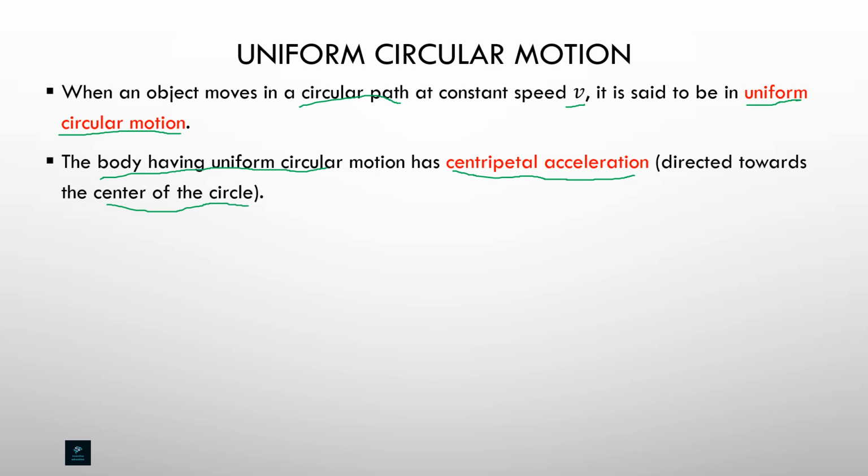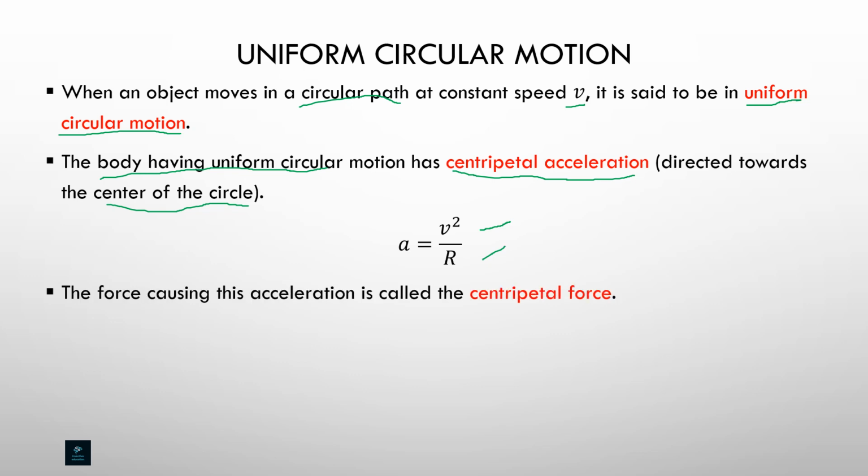The centripetal acceleration is given by a equals v square by r, where v is the speed of the object and r is the radius of the circular path. The force that is causing this acceleration is called the centripetal force, and it is given by F equals mass of the object times v square by r.